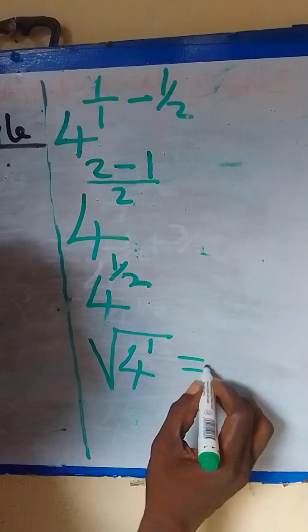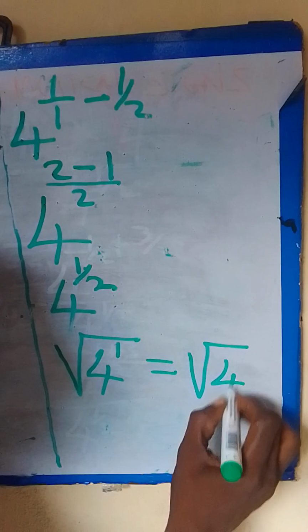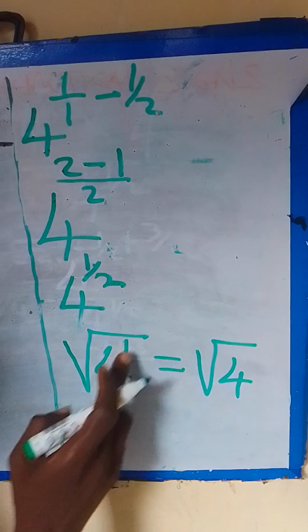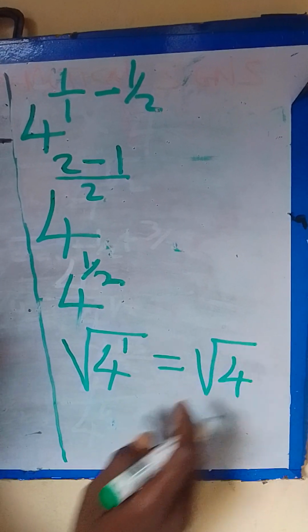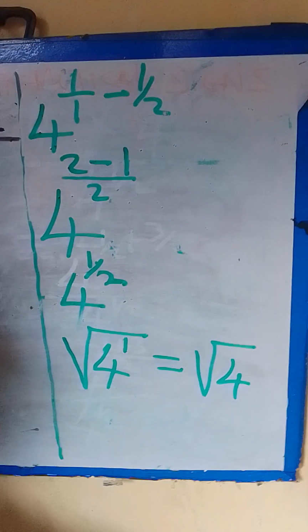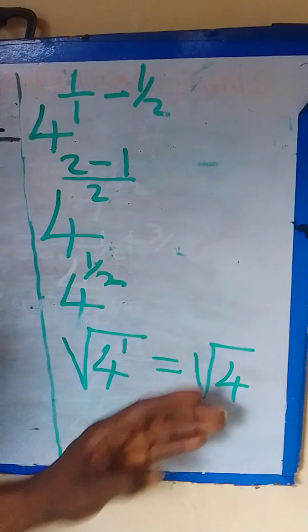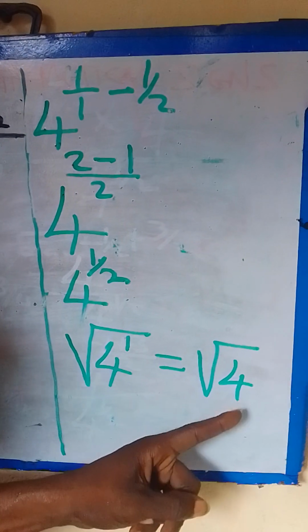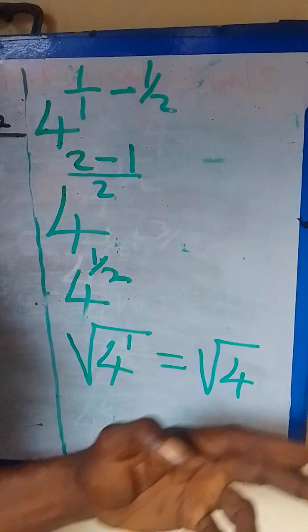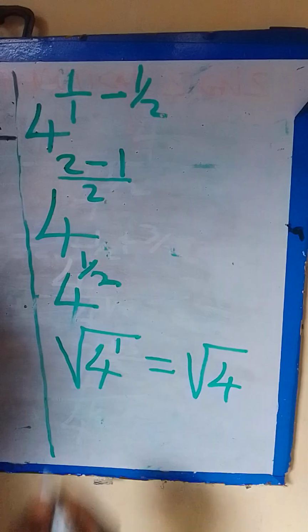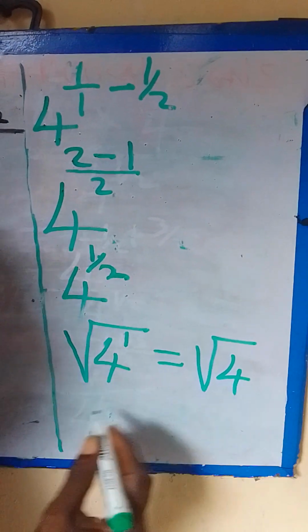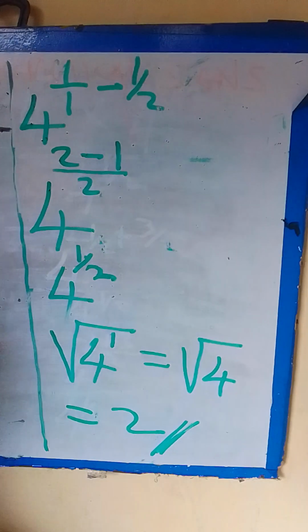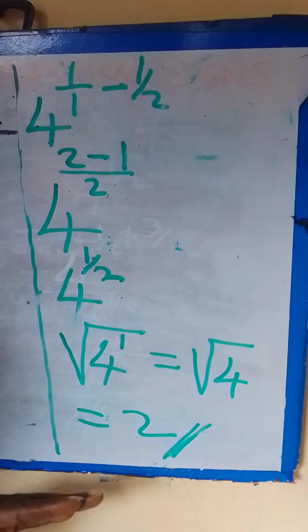So the square root of 4 raised to power 1 is the same thing as the square root of 4. Now square root means you look for a number that when you multiply it by itself 2 times will give you 4. And we discover that 2 is the number. If we multiply 2 times 2, it gives us 4. So therefore the answer becomes 2. This is the final answer to this problem, as you can see.